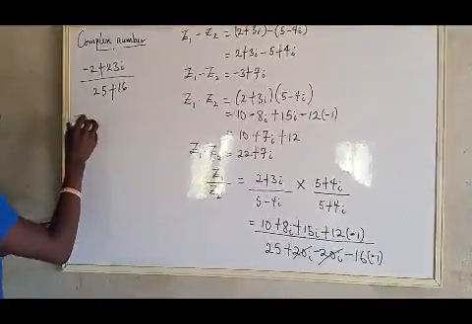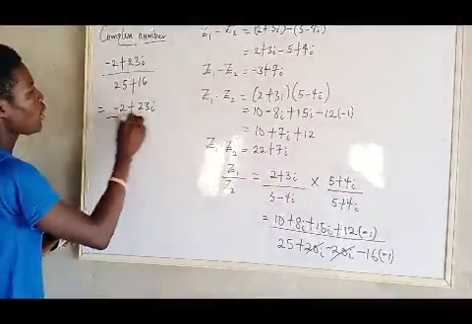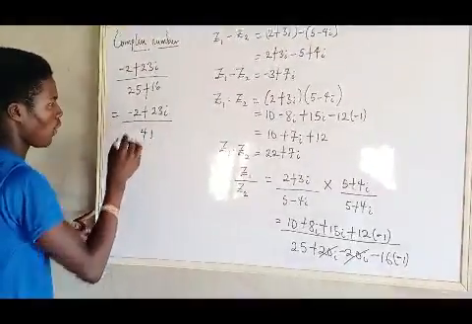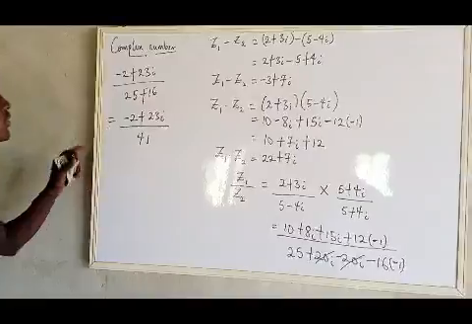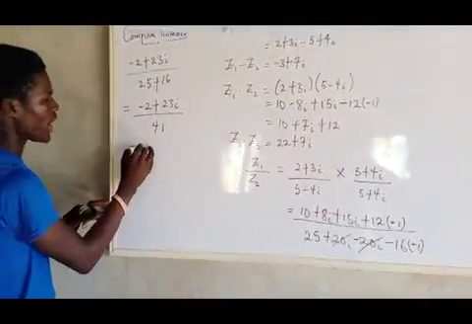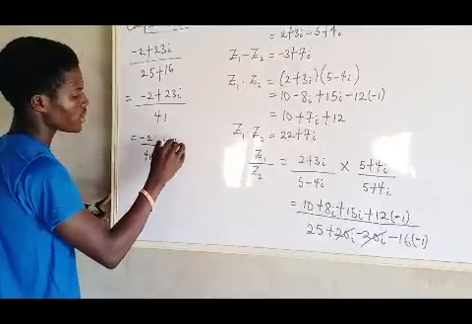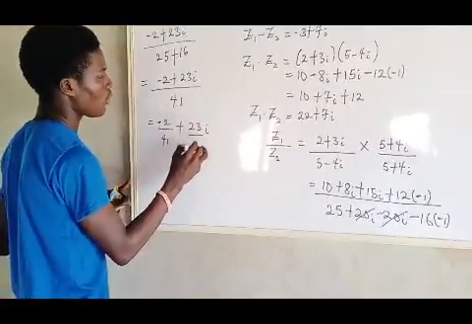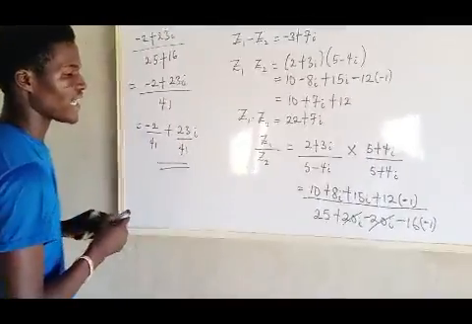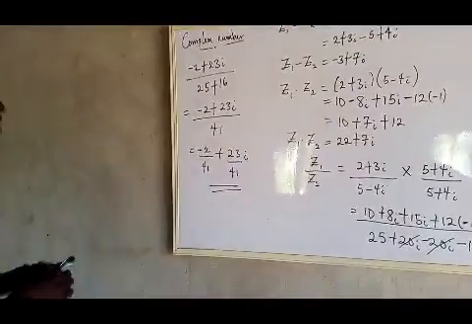That will now become minus 2 plus 23i, all over 25 plus 16, which is 41. In the form of a complex number, that will be minus 2 over 41 plus 23i over 41. So this will be our final answer on the algebra of complex numbers.